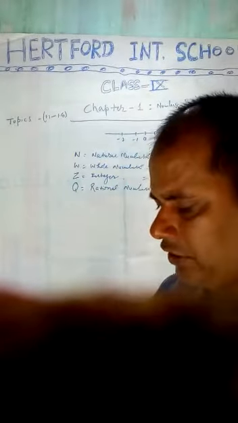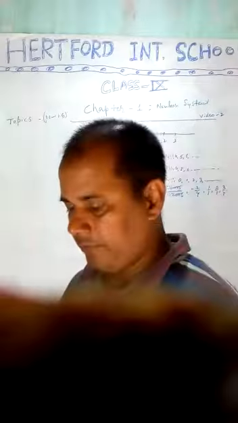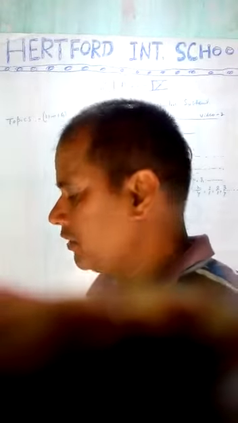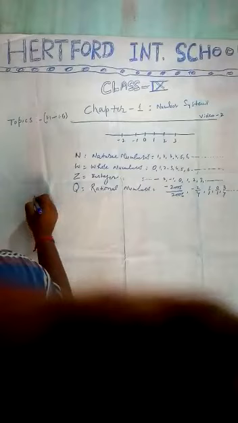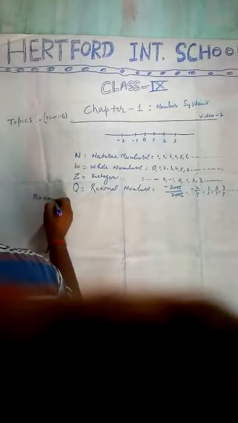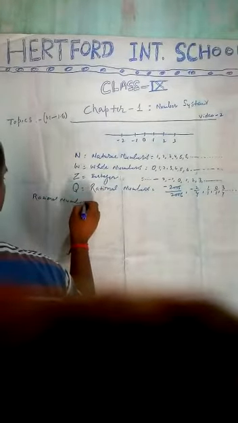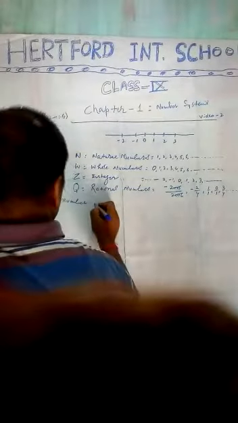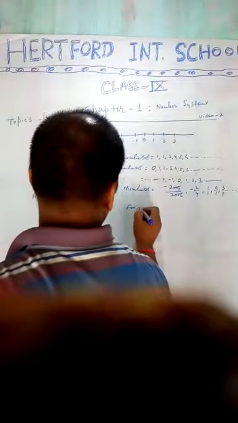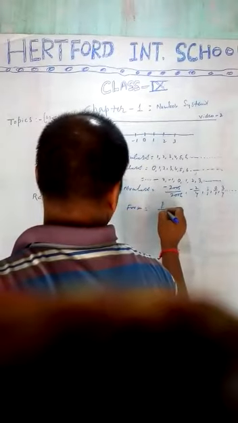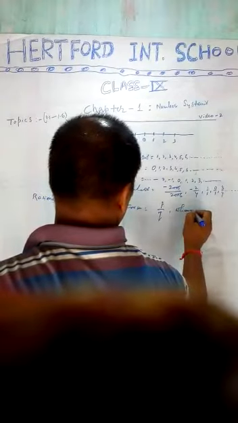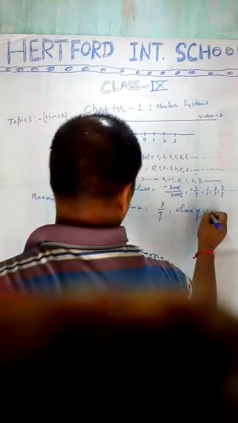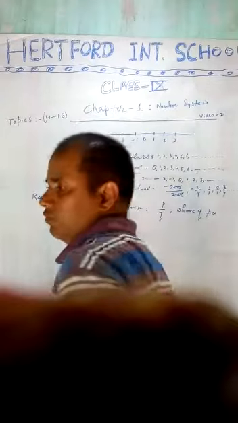You may recall the definition of a rational number. A number r is called a rational number if it can be written in the form p by q, where q should not be equal to 0.